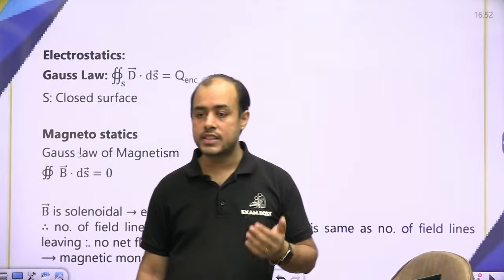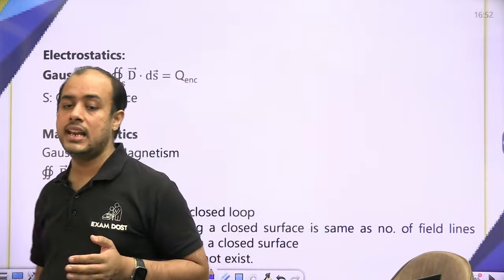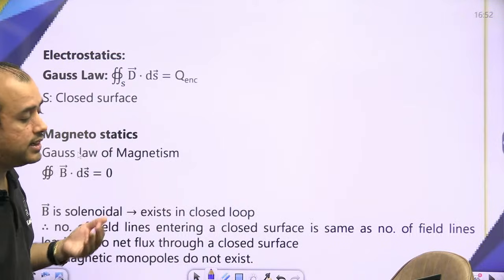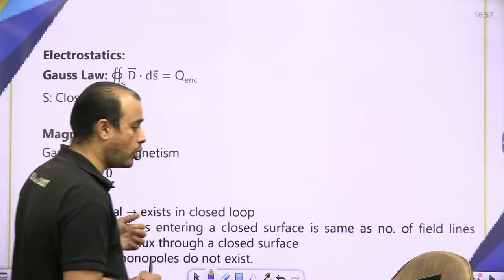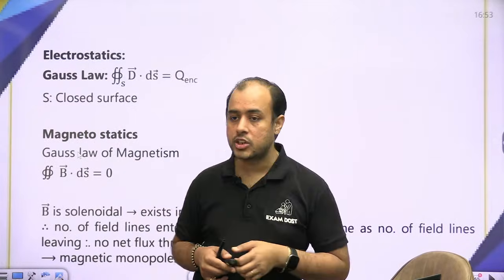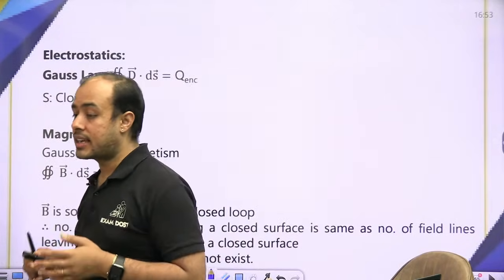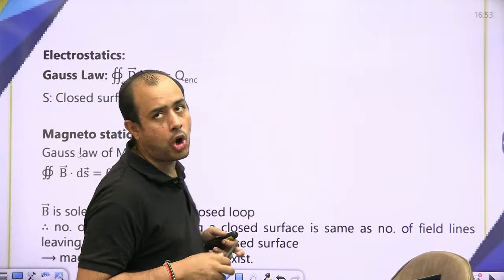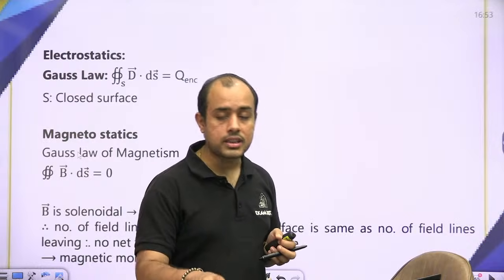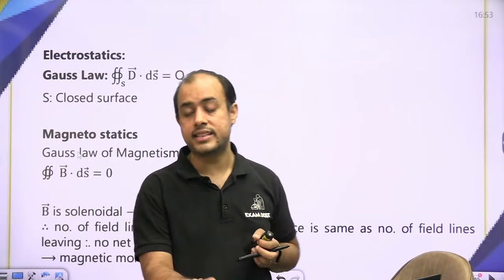जितनी लाइनें क्लोज सरफेस में घुसेंगी उतनी ही लाइन क्लोज सरफेस से निकलेंगी, तो रिजल्टिंग फ्लक्स आपका जीरो ही आने वाला है. And what is the physical implication of this? That magnetic monopoles do not exist. That means whenever you talk about a magnet, the north and the south pole always exist together.